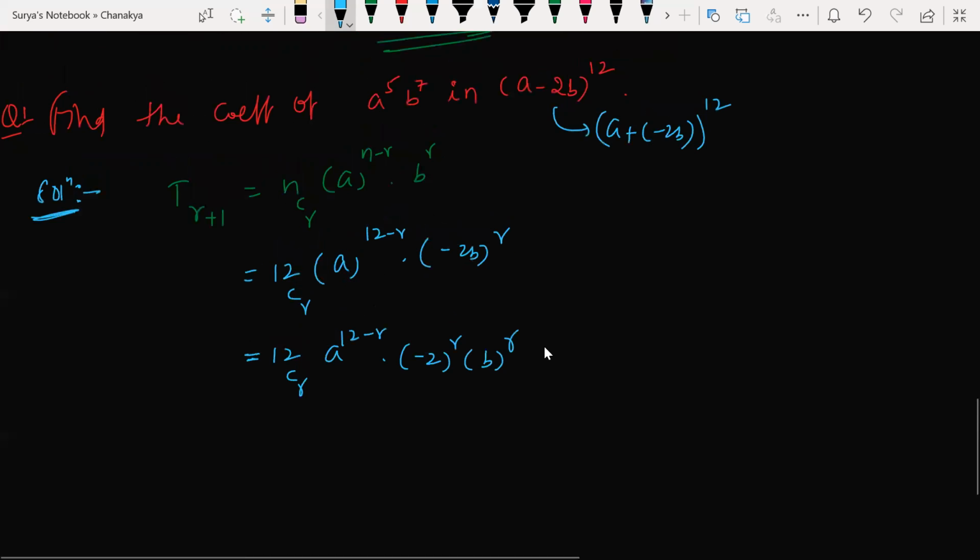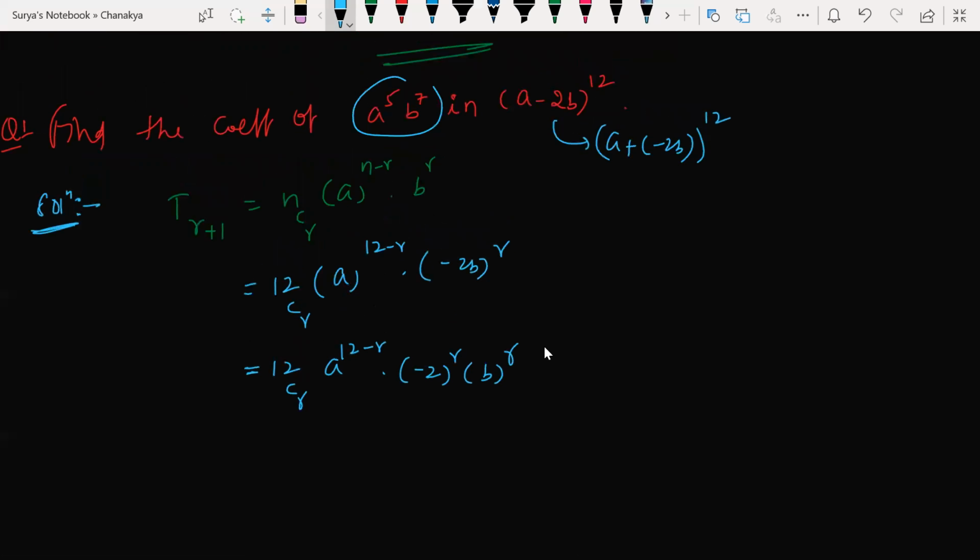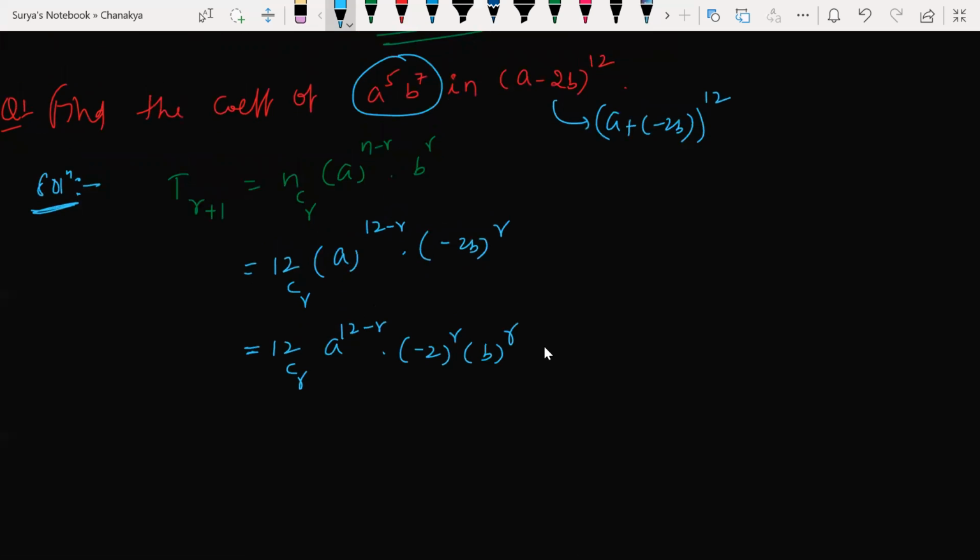So now look at this here. We look at the coefficient of this one. Let us compare the coefficient of a and b.